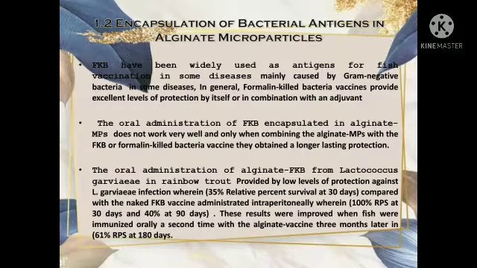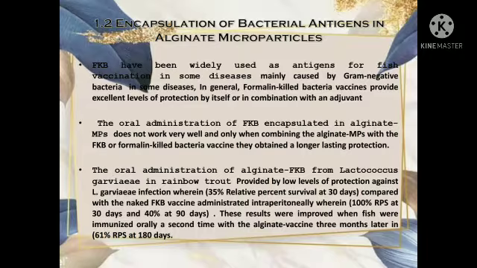The oral administration of alginate formalin-killed bacteria from Lactococcus garvieae in rainbow trout provided low levels of protection against Lactococcus garvieae infection, with 35% relative percent survival at 30 days, compared with the naked formalin-killed bacteria.